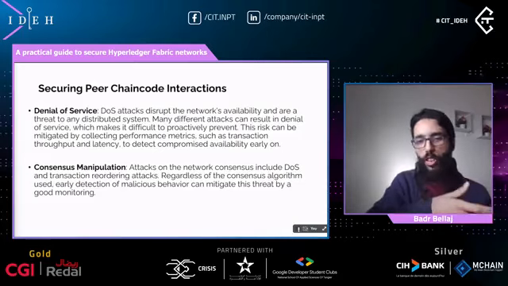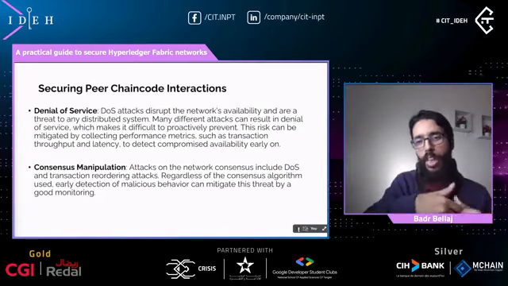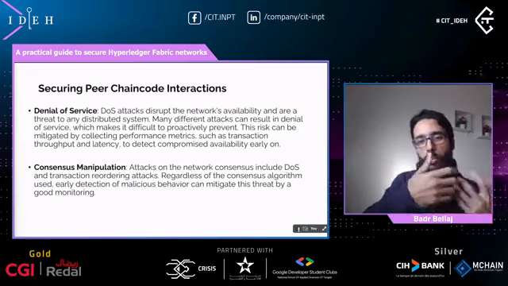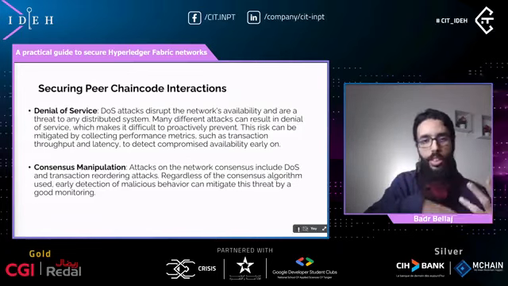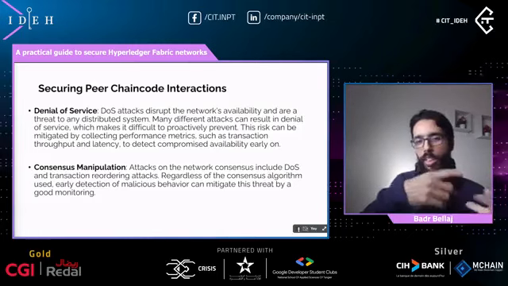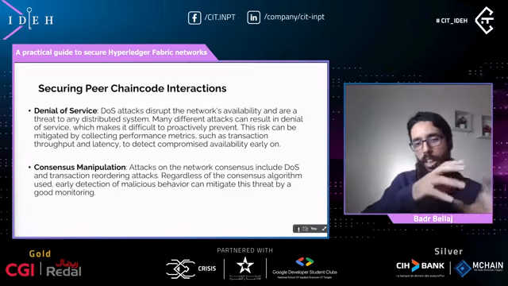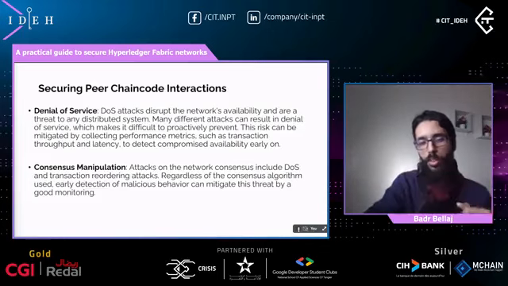The DoS attack or the manipulation of the consensus mechanism can also be mitigated by setting up good monitoring with good threat indicators. For example, we can use as indicators leadership election, transaction latencies, etc. All these kinds of indicators can help us detect compromised entities or malicious behavior.